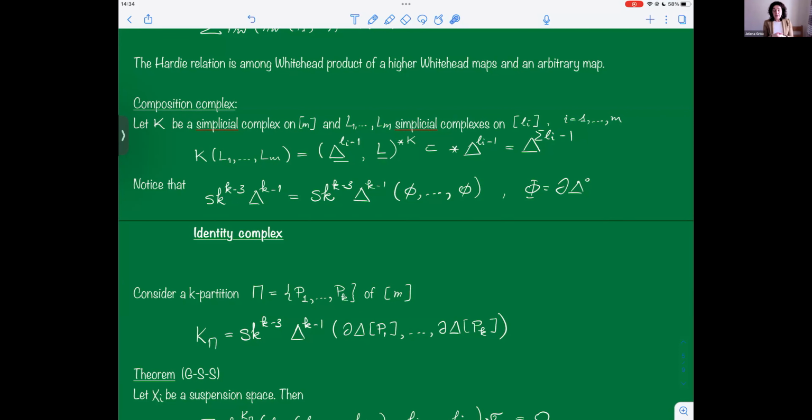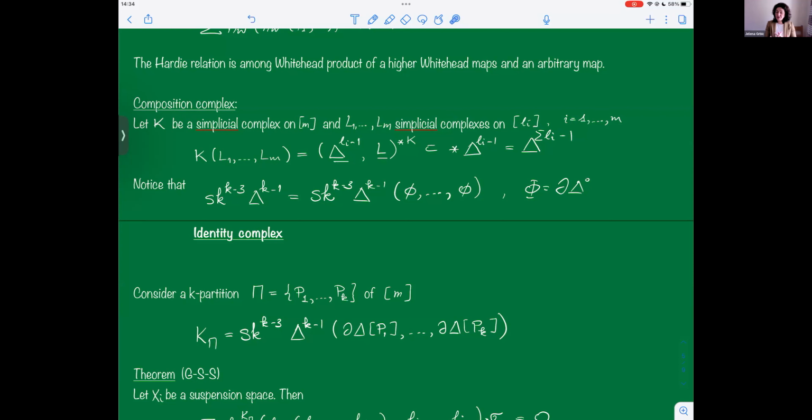Now we ask, can we propagate these types of identities by starting with the shape of the identity, namely the skeleton of a simplex, and pushing into the complex these various L_1 to L_m? To do that, we recognize that the empty set is really just the boundary of a simplex.